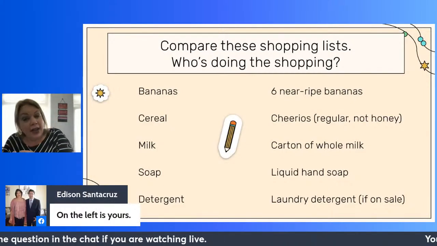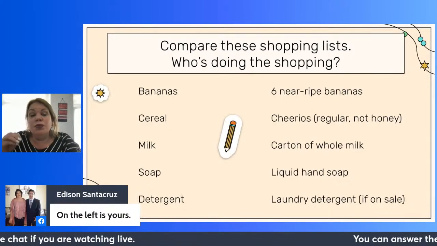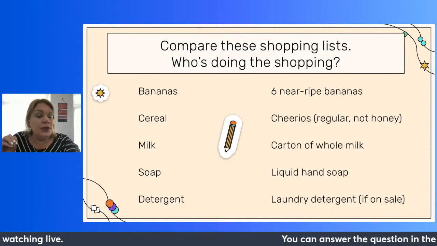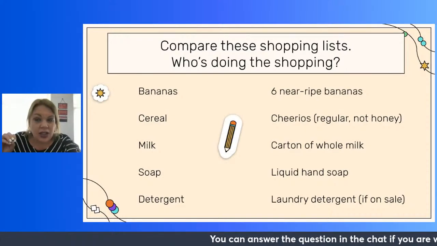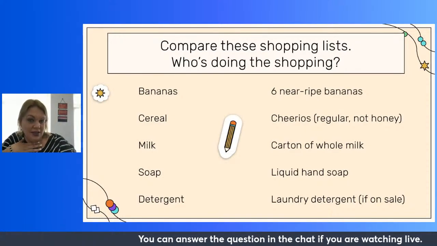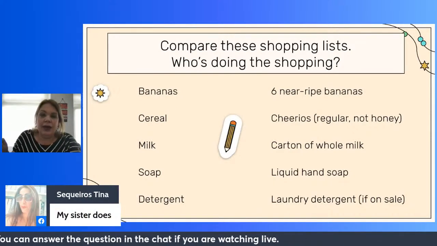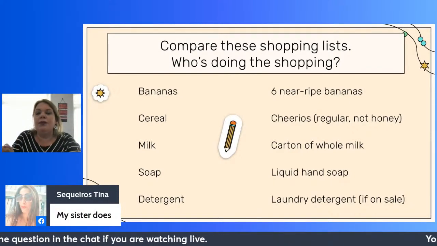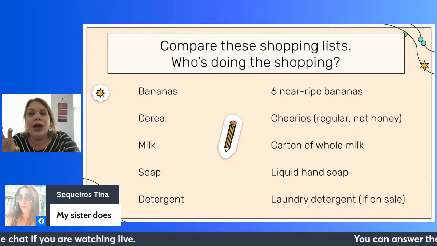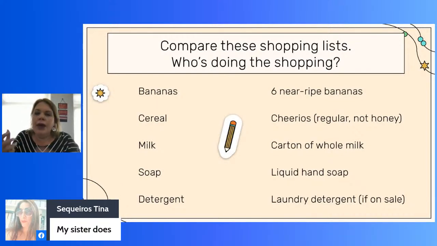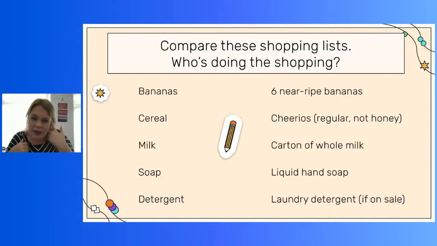But on the other hand, my sister needs more specific instructions because she usually doesn't do the shopping for my groceries, right? So I have to give her more details in my instructions. I want this many bananas and I want them to be near ripe, not totally ripe, right? But I don't need to tell myself that in my shopping list because I know that in my head.